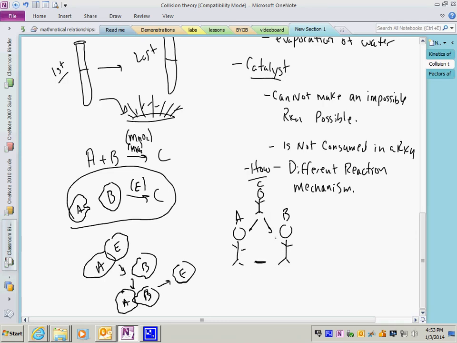And of course, these two might be very good friends, but now C is not there anymore. So C is a catalyst by which these two people met each other. If A and B have two unique personalities that would clash, C cannot make them like each other. It simply can speed up something that could or would already happen on its own. It uses a different means of bringing these people together. So that's a humanistic example.